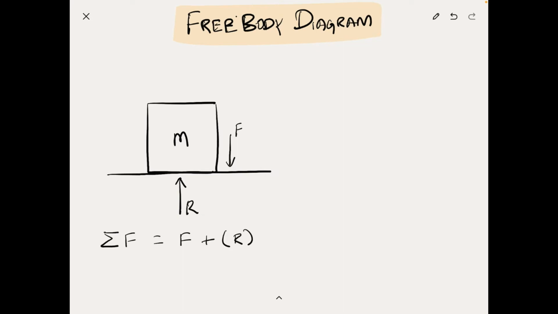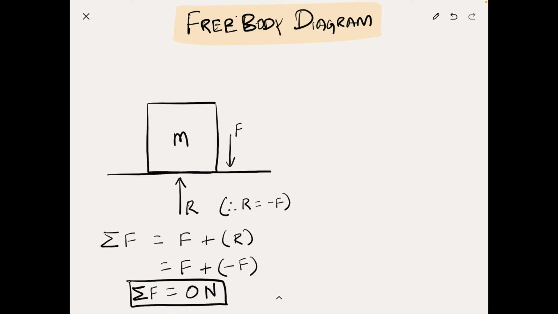From the third law of motion, the reaction force R is equal to negative of F, because it is equal but in the opposite direction. So we can write F plus minus F, which would again be 0. So now we have 0 newtons as our net force.